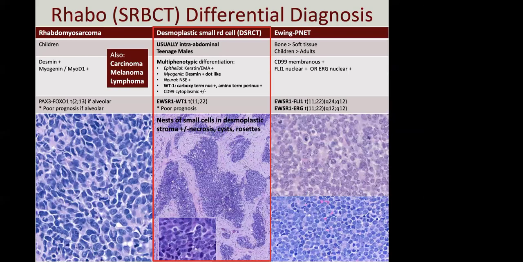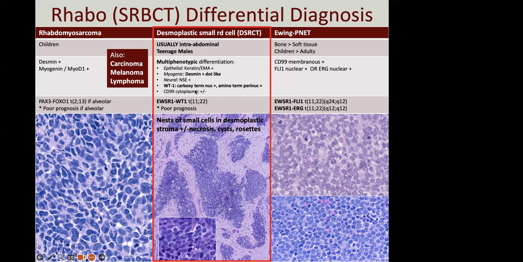Other differential diagnoses of your small round blue cell tumor: we already talked about rhabdo on the left. We talked about Ewing's in the bone on the right, which can also be primarily in soft tissue. And then desmoplastic small round cell tumor. This is highly characteristically in the intra-abdominal cavity, usually of a teenage male, with multiphenotypic differentiation, namely epithelial, myogenic, neural, and by definition this is EWSR1-WT1.